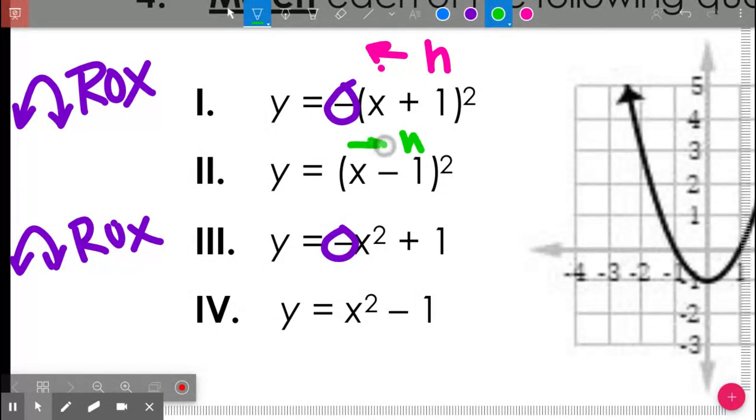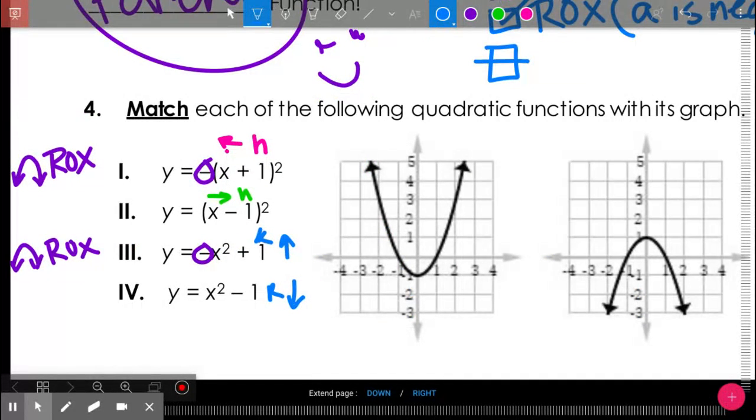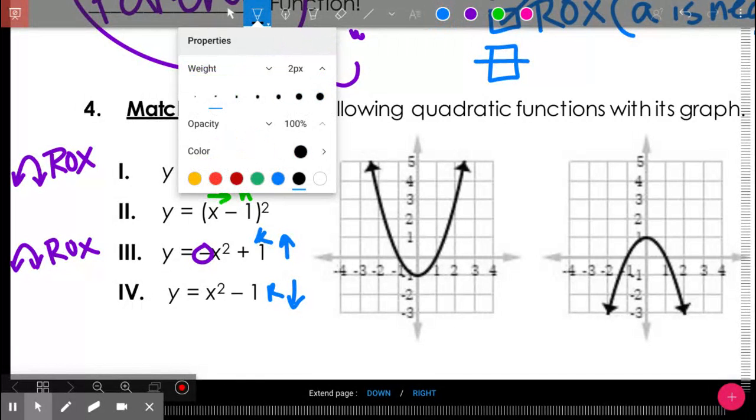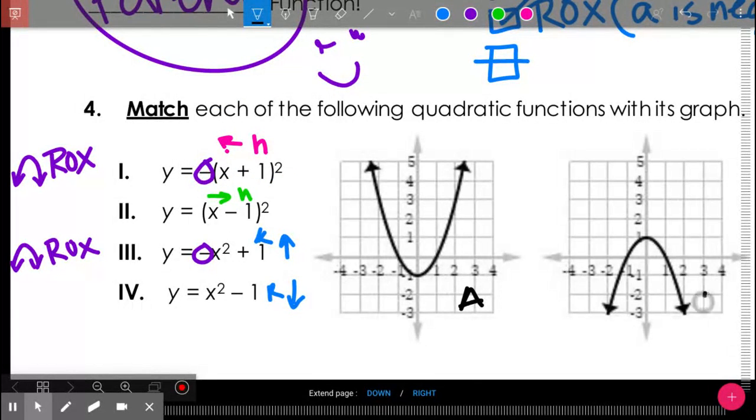This one goes to the right. Okay, on number 3, we have a K. And K tells the truth, so this is going to go up. And this K is telling me that we go down. We shift down.